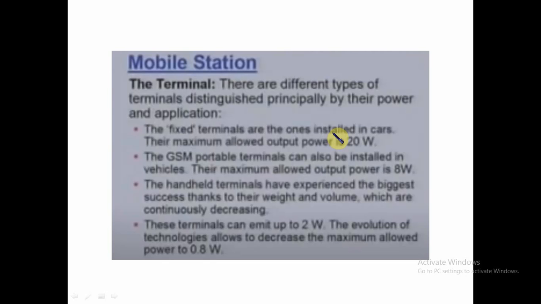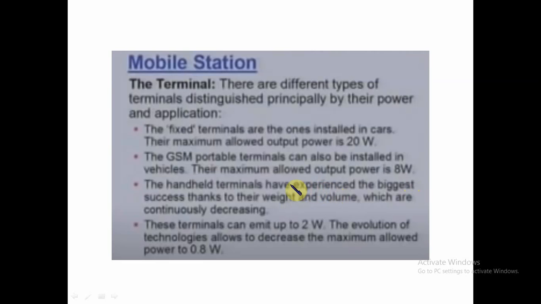These are kind of obsolete now. They could radiate up to 20 watts. Not good, you had to fix it in a car or your battery would run out in no time. The GSM portable terminals have an output power of 8 watts, and these are handheld terminals.